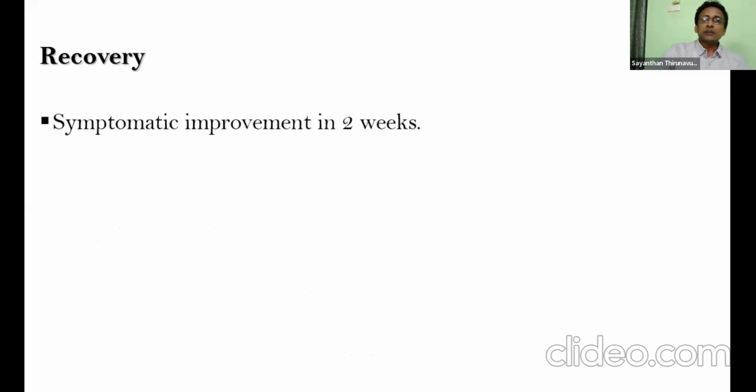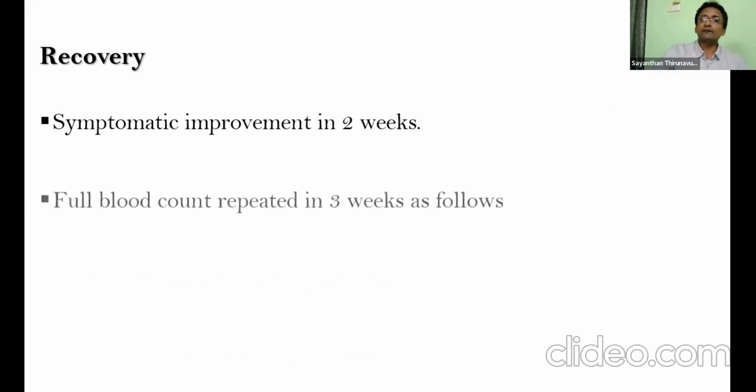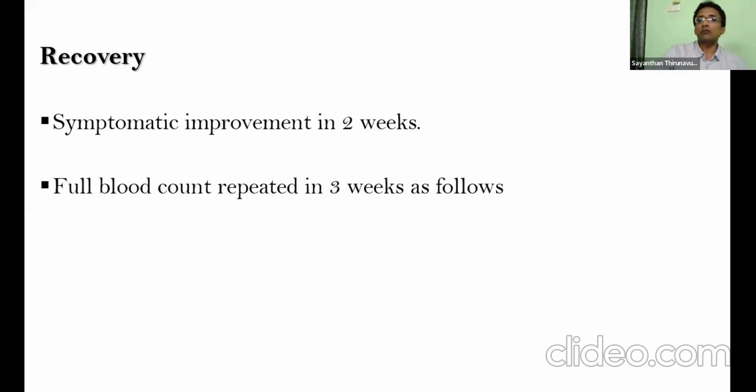The patient was in contact with me during recovery. In 2 weeks' time, the patient showed symptomatic improvement. His taste change and voice change were getting better. In 3 weeks' time, we repeated the blood count, so I'm comparing the previous and the current one.